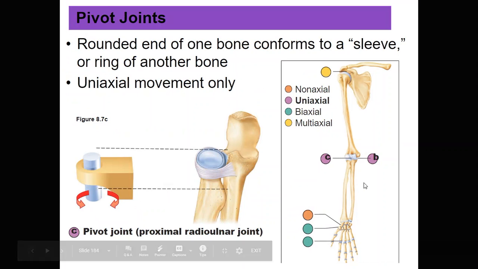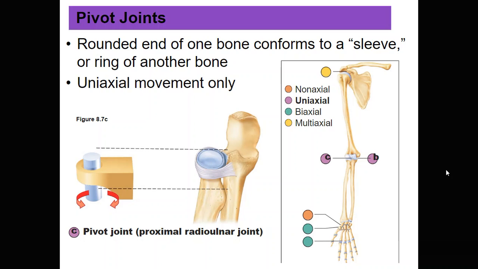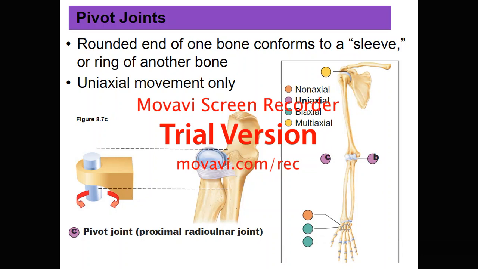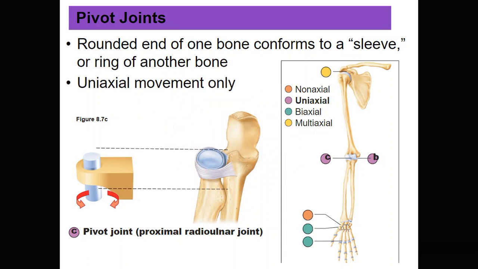All right, so pivot joints are also uniaxial movement. Remember we talked about the ulna and radius. So when you go from supination to pronation, okay, from your palms up to your palms down, your radius is rotating over the ulna. Remember we talked about pivots as far as basketball.